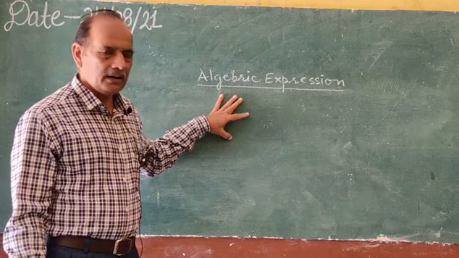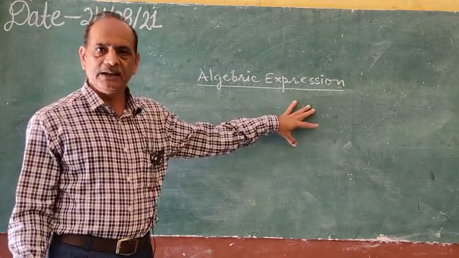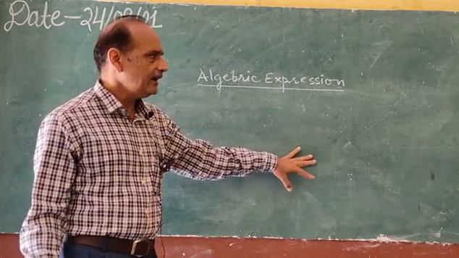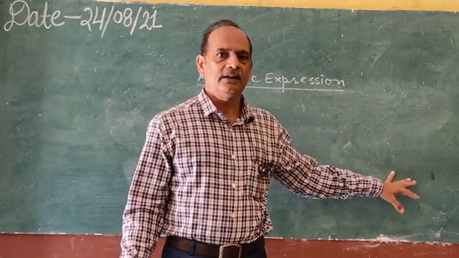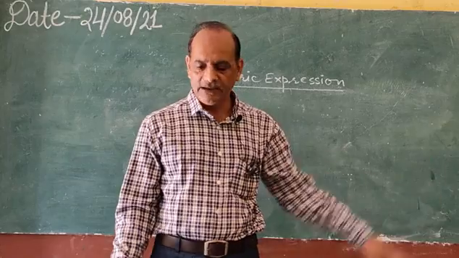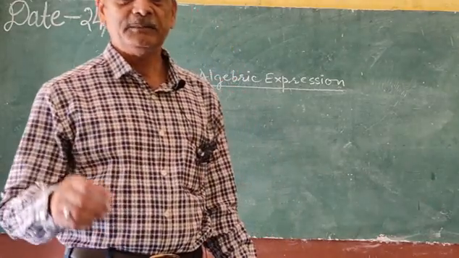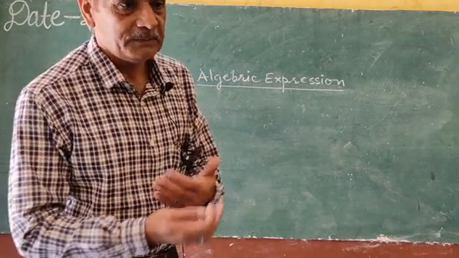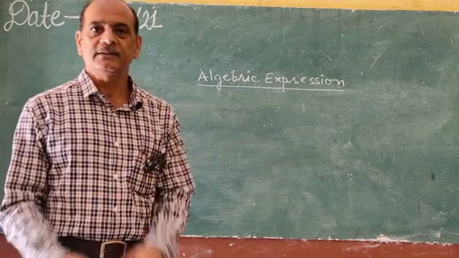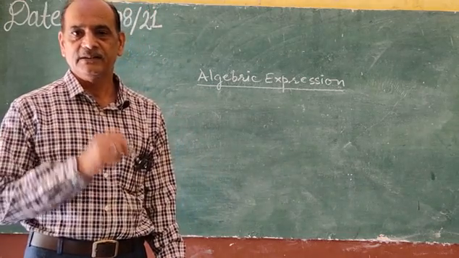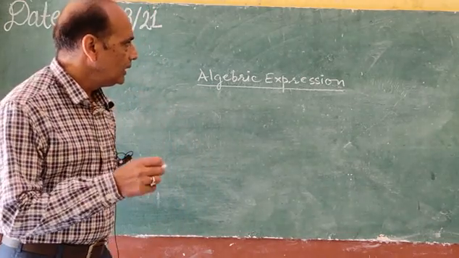Subtraction has a different rule, multiplication has different rules, and division also has some different rules. But the students say, sir, minus minus becomes plus, plus plus becomes minus. In which operation?